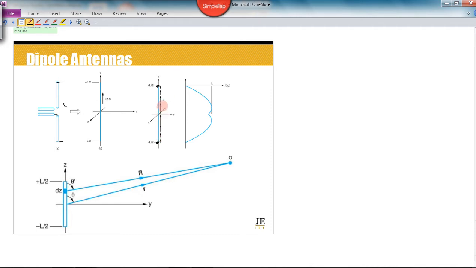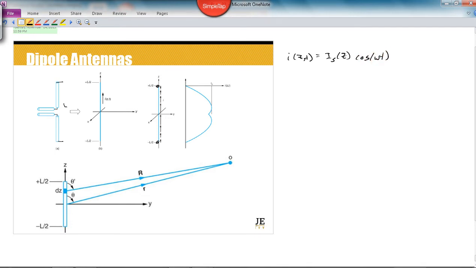And the distribution of currents along the dipole is often approximated using a sinusoidal function. That is, if we have a driving current, I of z comma t is equal to Is of z, some sort of phasor current along the length of the transmission line, times the cosine of omega t.